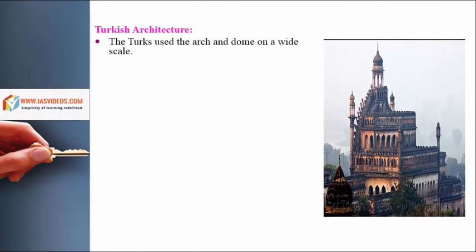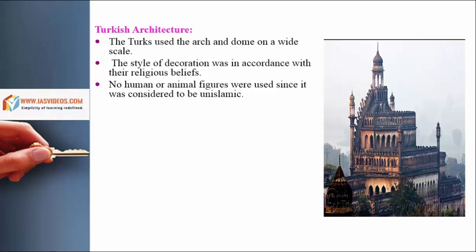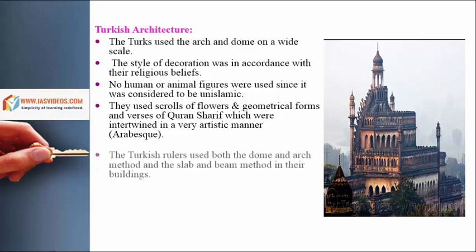Turkish architecture. The Turks used the arch and dome on a wide scale. The style of decoration was in accordance with their religious beliefs. No human or animal figures were used since it was considered to be un-Islamic. They used scrolls of flowers and geometrical forms and verses of the Quran Sharif, which were intertwined in a very artistic manner.